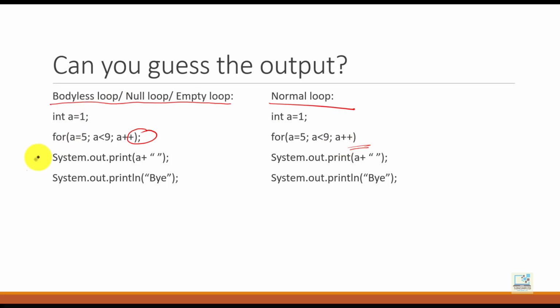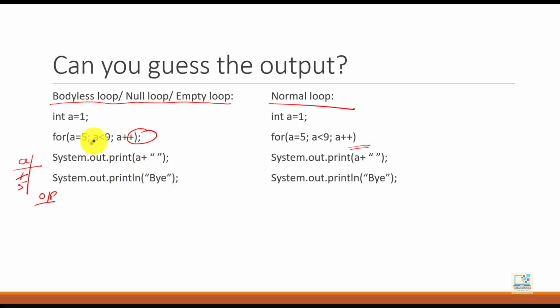I'll tell you. In the dry run of the first one, I'm going to make a column of A. Output I'm writing here. So A is 1. Then I'm changing A back to 5. Okay. So 5 less than 9. You thought it would print A, but it will not go there. Because there is a semicolon over there, it will disconnect the loop header from the loop body. That means this print A is no longer part of the loop.